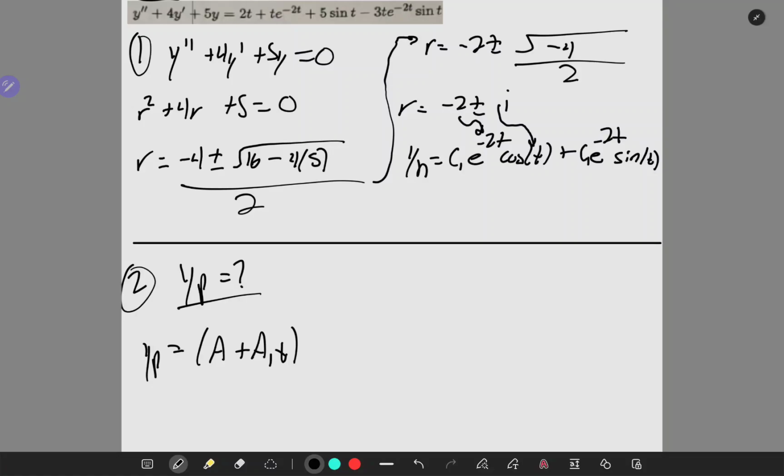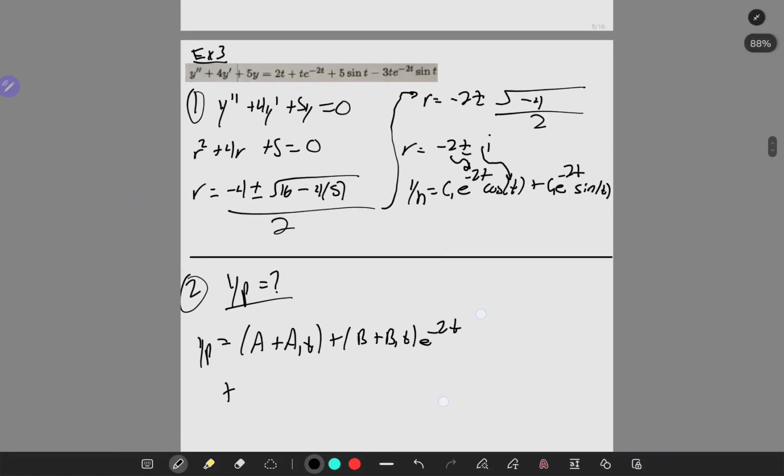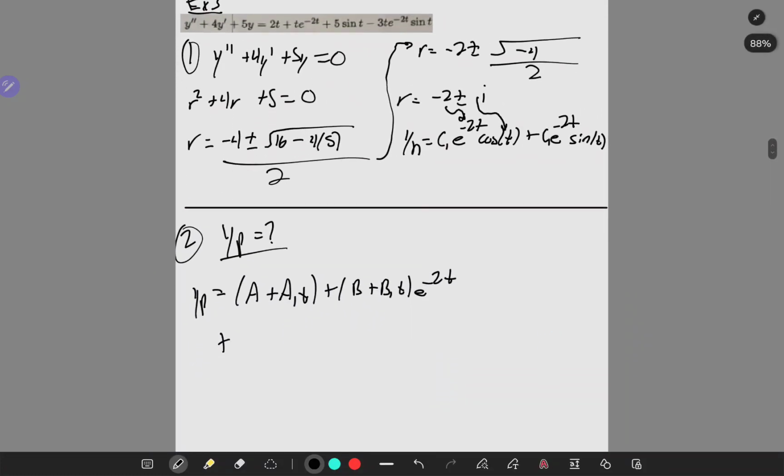Now we have t e to the negative 2t. We have a first degree polynomial times e to the negative 2t. And then we have plus 5 sine of t. So we have a sine, so a, b, c, sine of t, plus d cosine of t.